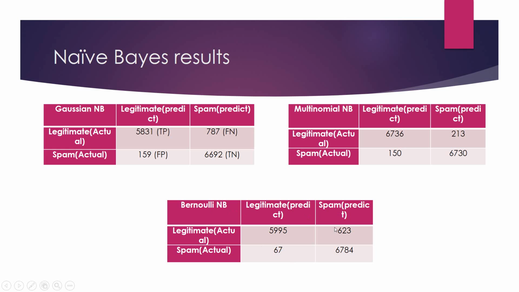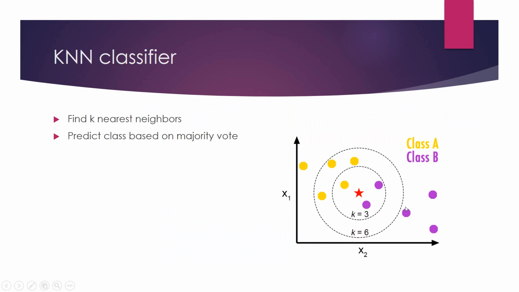But if you take the number of legitimate emails which are considered as spam, it's very huge. So this becomes a bad classifier, whereas multinomial naive-Bayes has a balance, with less number of false negatives and less number of false positives.